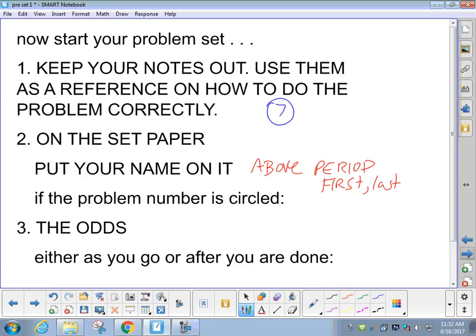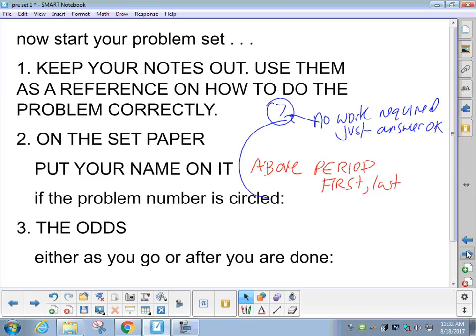Eventually you won't need to write this down, you'll remember, but if the problem number is circled, that means no work required, just answer is okay. If it's not circled, therefore it must have more than one step, so show me some work.